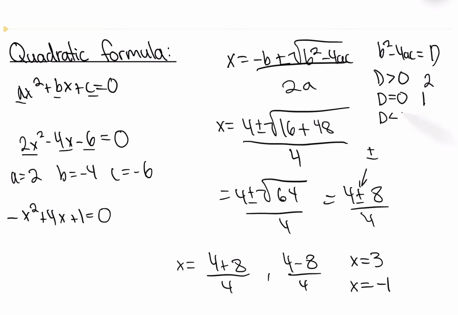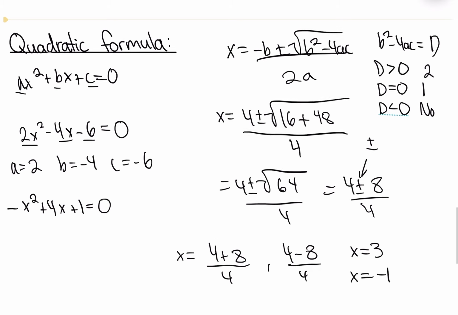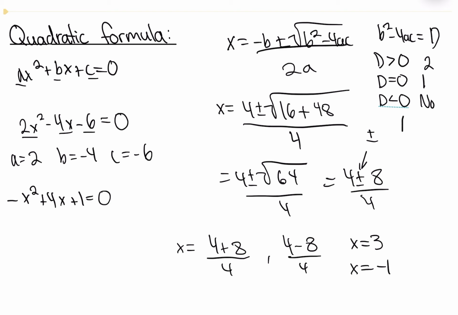And if the discriminant is less than 0, there are no real solutions. So, by finding this out, you can quickly understand whether your equation has 2, 1, or no real solutions. And this will let you know how many x values there are where y will be equal to 0.